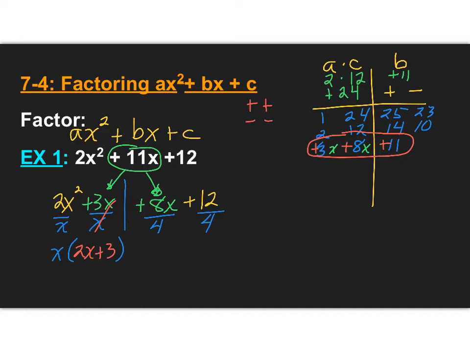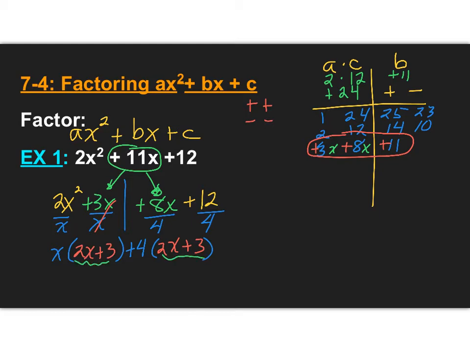So that 4 is positive, so it gets brought out in front of parentheses. And then we're going to divide. So 8 divided by 4 is 2. And then you're going to bring down the x because there is nothing for that x to cancel with. Finally, 12 divided by 4 is 3, so plus 3. Then you can see that they both have a 2x plus 3 in common.